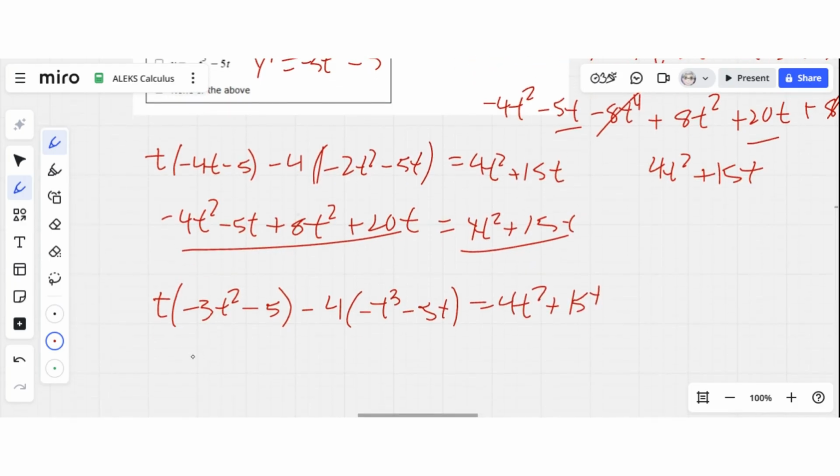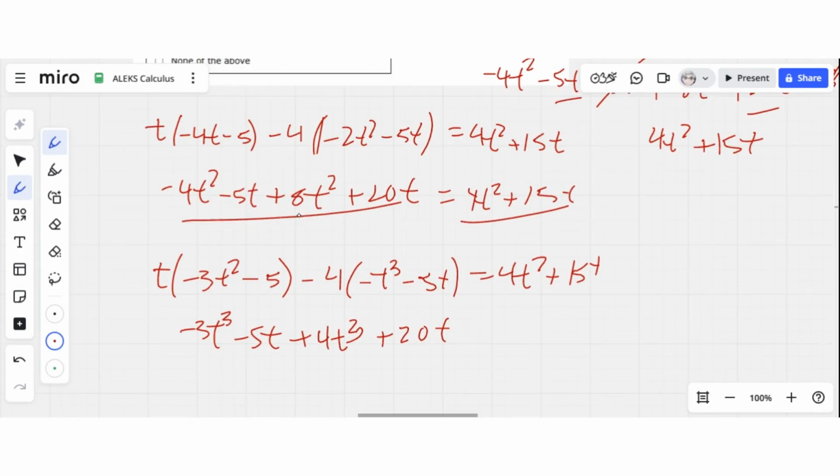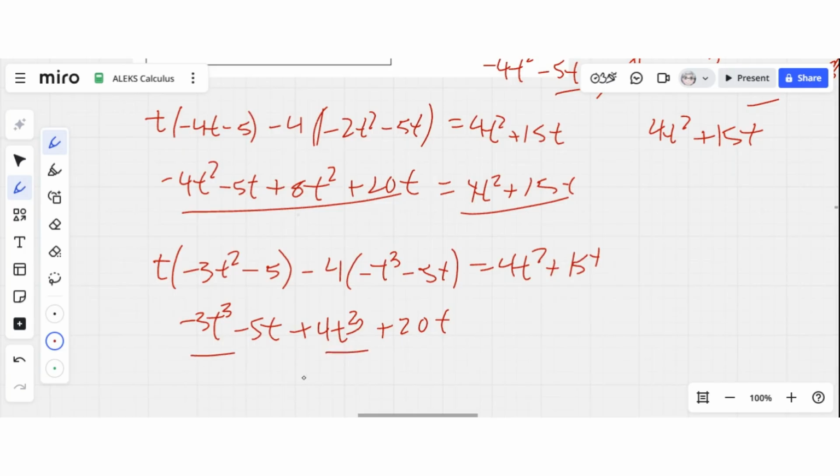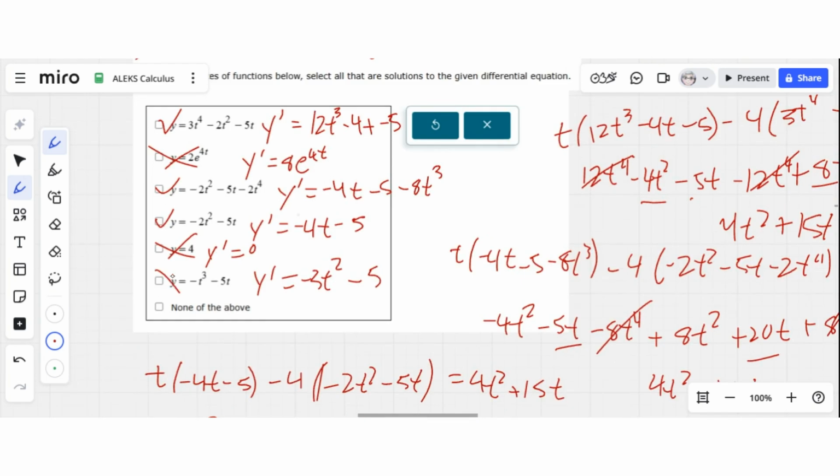So multiplying the t through, we're going to get minus 3t cubed minus 5t, and then plus 4t cubed, and then plus 20t. So we still get that plus 15t, but we've got a cubed term here and not a squared term. So looks like that one does not work either.